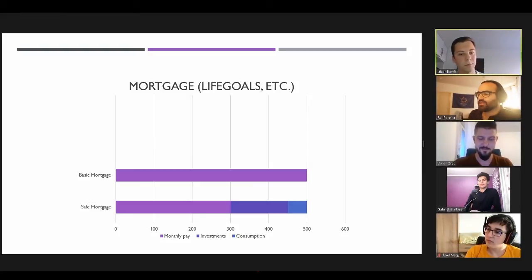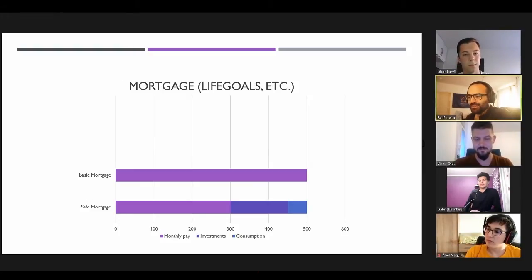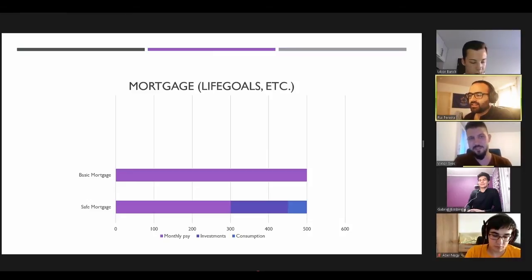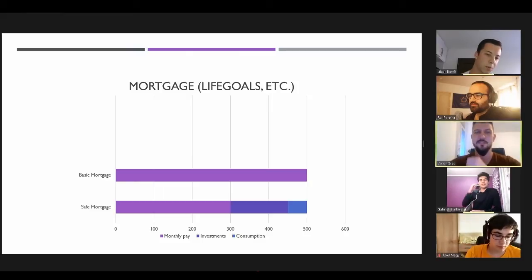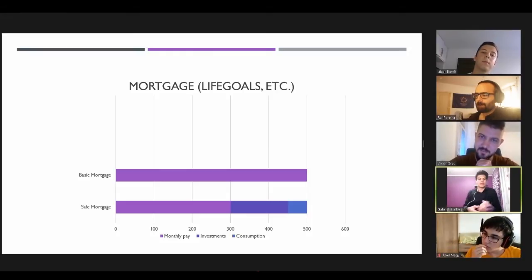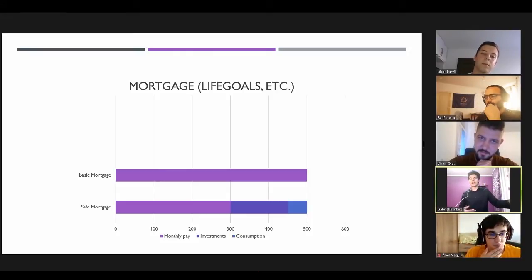Yeah, I think so. You have to go to the dentist, you have to go to the doctor, you have to buy clothes. There's a lot of things. Yeah, but if you divide it in equal parts, it's like this. It can be 100 one month and 2,000 another month. In Romania, for example, the parents are used to buying a car for the kid.